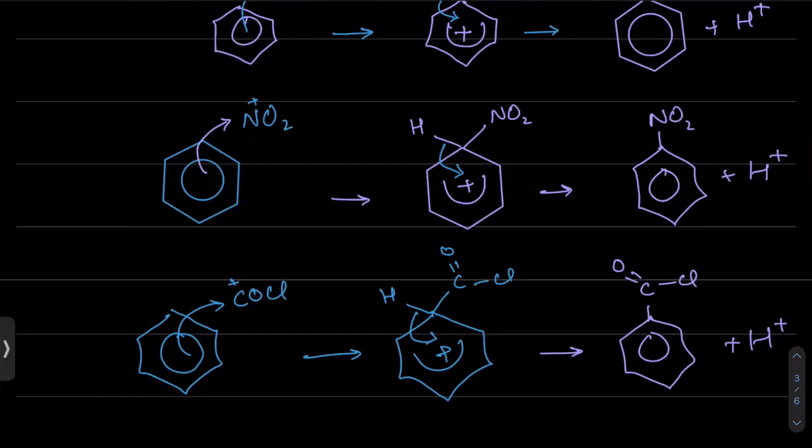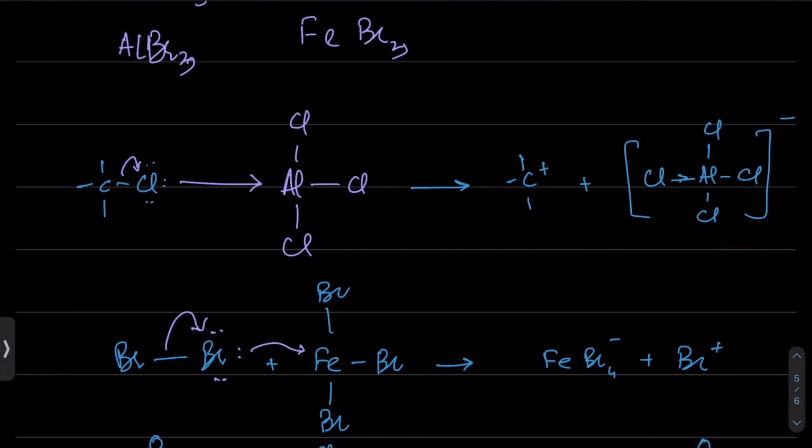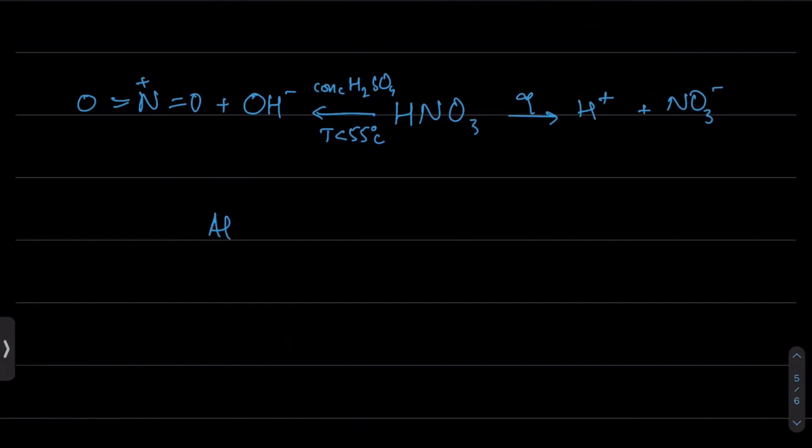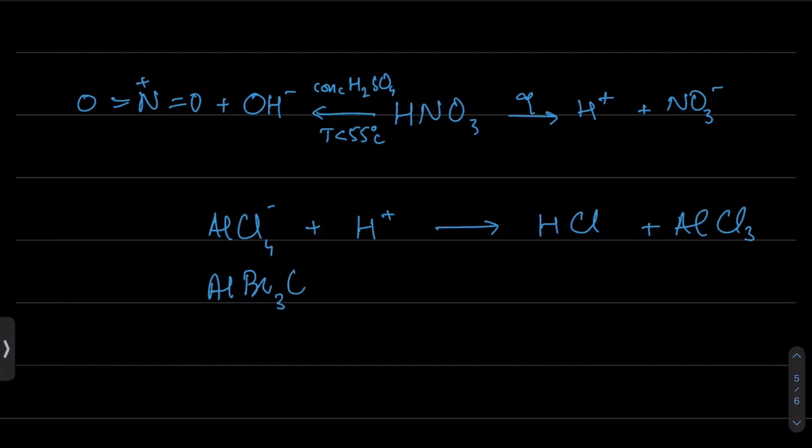Of course, the reaction ends when this H, जो हर जगह पे बन रहा है, it goes back to this thing and creates HCl and regenerates the catalyst. Let me give you one example. कि अगर मेरे पास AlCl4 था, तो वो H positive आता है और HCl plus AlCl3 बना देता है. That is why whenever we are trying to create HCl, we don't use AlBr3. क्यों भला? क्योंकि in presence of AlBr3 and Cl, H positive can create HBr or it can create HCl.